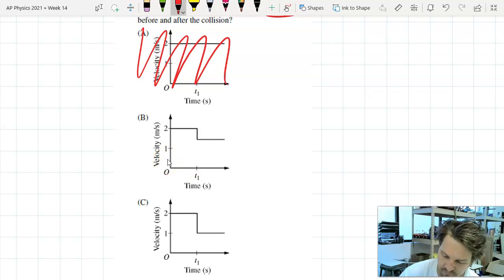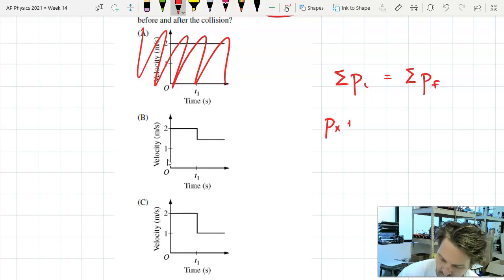conservation of momentum. All of the momentums initially need to equal all the momentums at the end. You have the momentum of cart X plus the momentum of cart Y initially equals momentum of cart X final plus momentum of cart Y final, right?